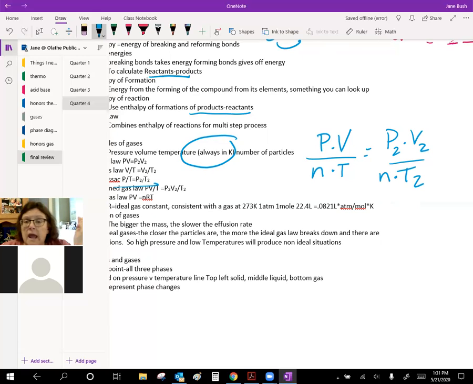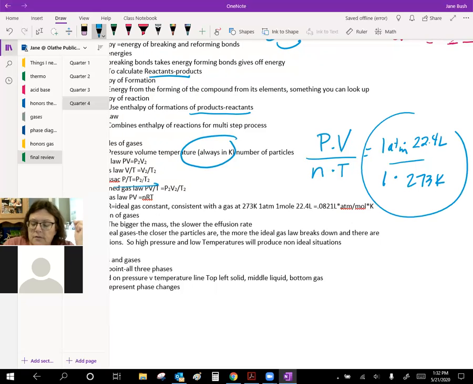If you take 1 mole of a gas at what we call standard temperature, which is 0 degrees Celsius, 273 Kelvin, the volume of that 1 mole of gas at STP, standard temperature and pressure, is 22.4 liters, and the standard pressure is 1 atmosphere.